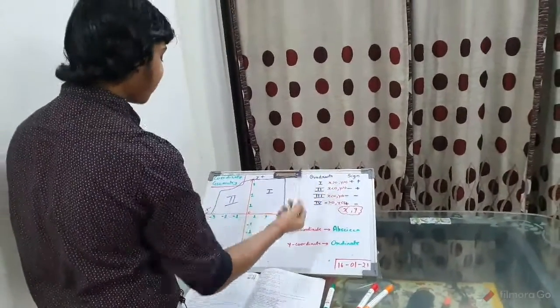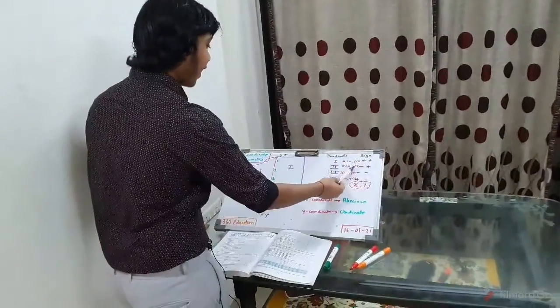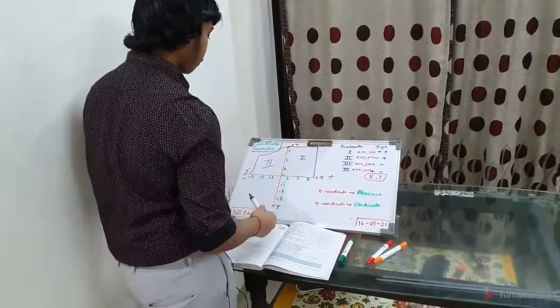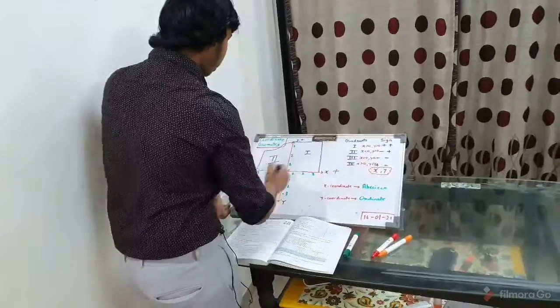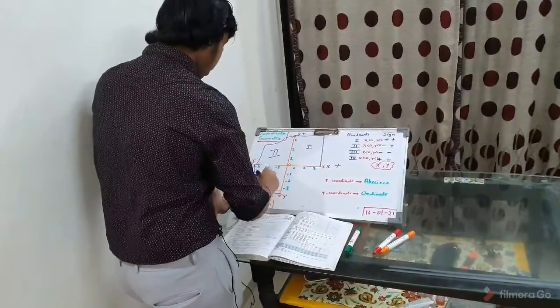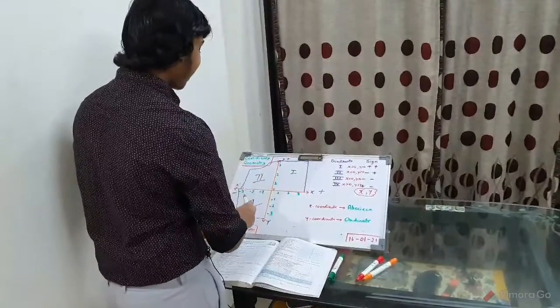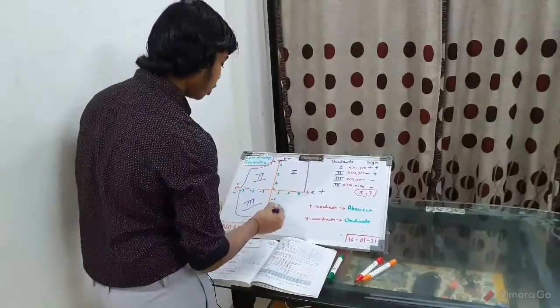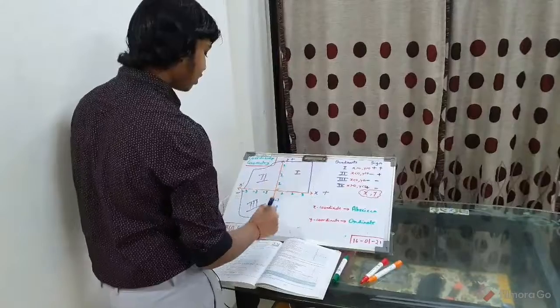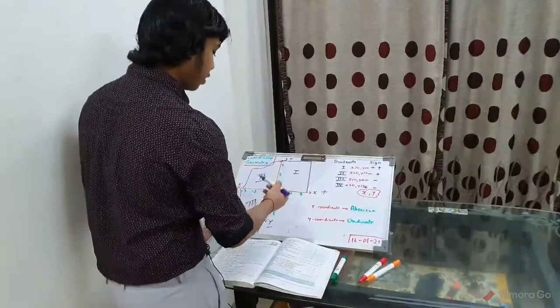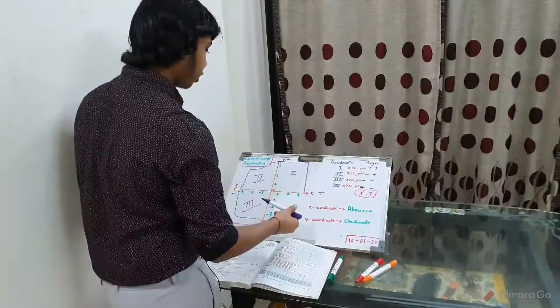In this, x is less than 0 and y is greater than 0. Now let's move to the third quadrant. In the third quadrant x is less than 0 and y is also less than 0, that is, both are negative. So the third quadrant is a negative quadrant.